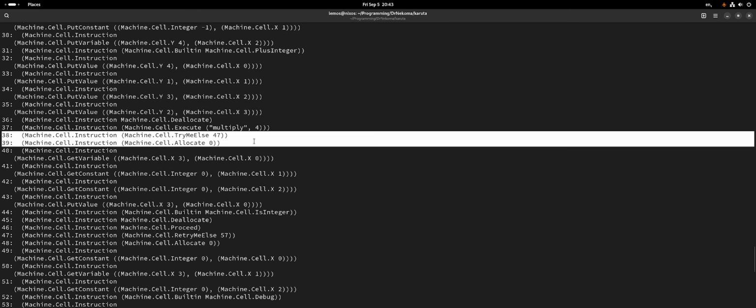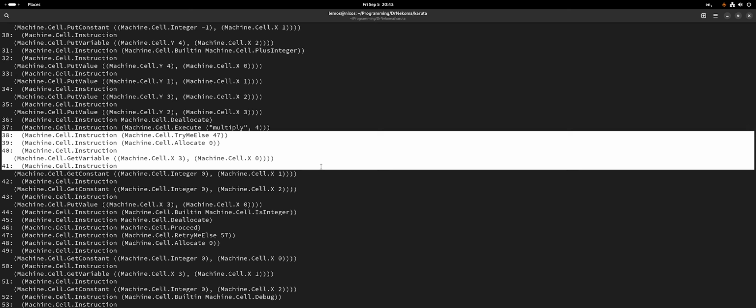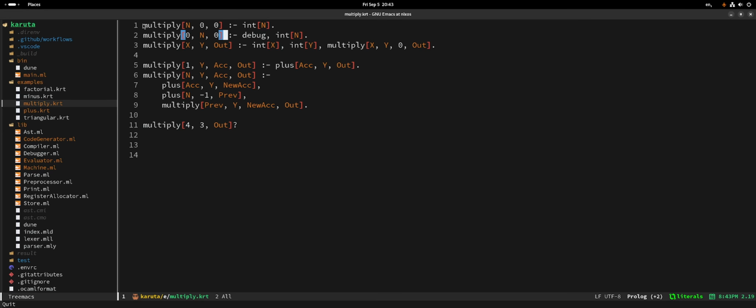Try me else 47, allocate 0, get variable x3, get constant x1 and x2. Wait a moment. Maybe there's a multiply 3. Oh, this is this one. Yeah, maybe there's a bug in the get constant. In the code generation or in the implementation? In the implementation.